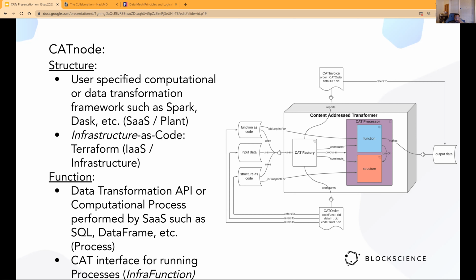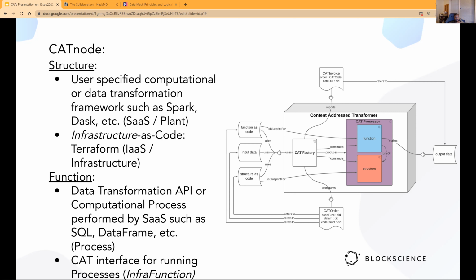This structure exists such that a function is executed upon it. And the function is a data transformation API, which I have an example in the next slide for, or some arbitrary computational process performed by the software as a service, in this case, Spark.